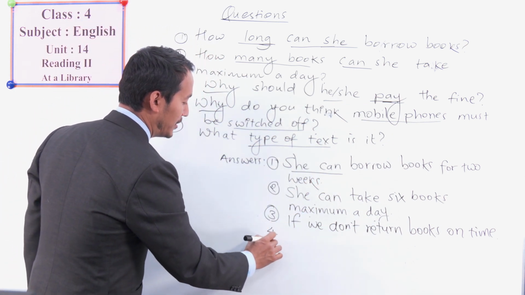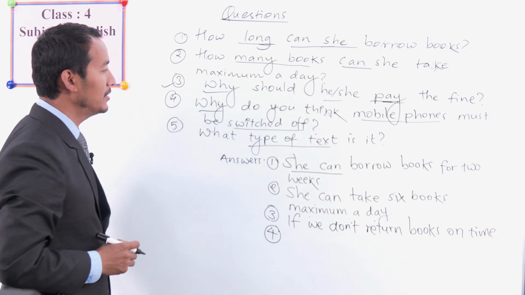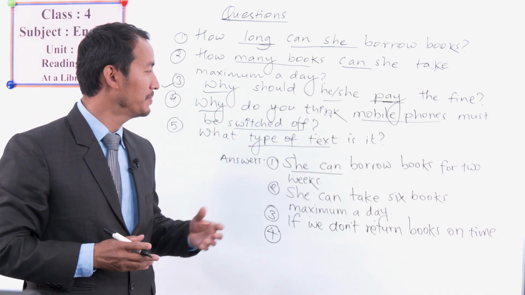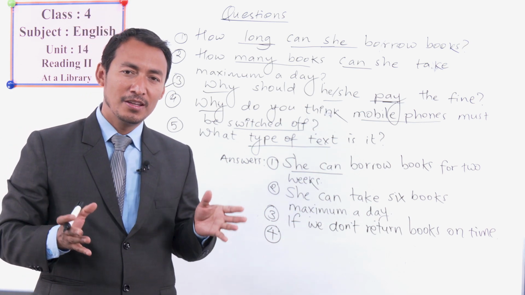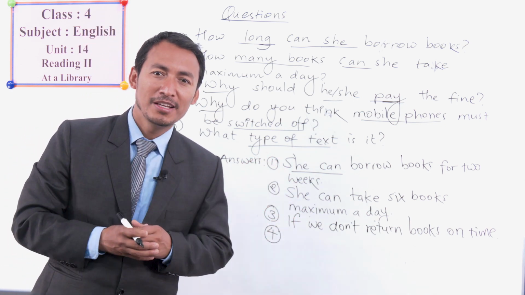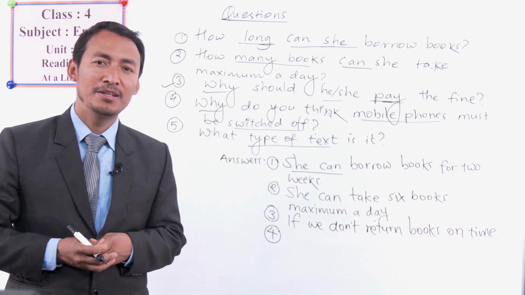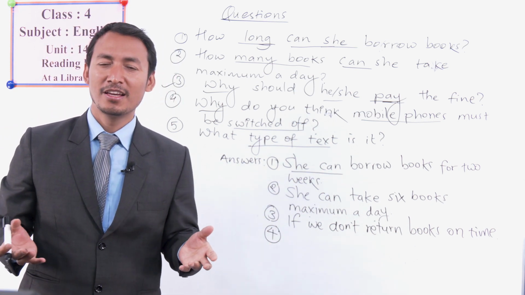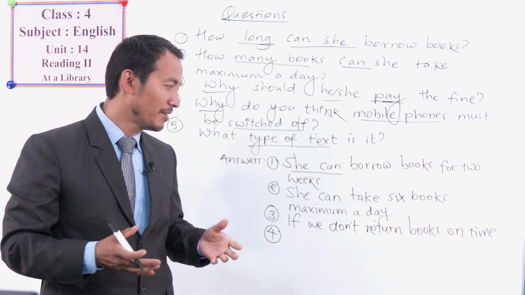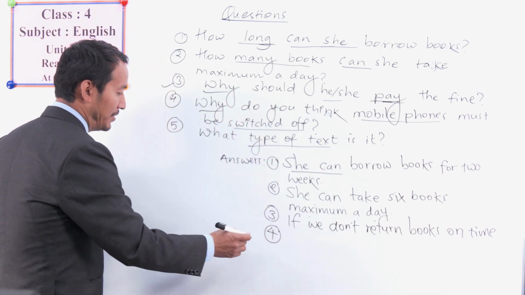So question 4. Why do you think mobile phones must be switched off? There are reasons that we don't allow mobile phones in the library. Yes, it disturbs the readings. It disturbs the silence of the library.